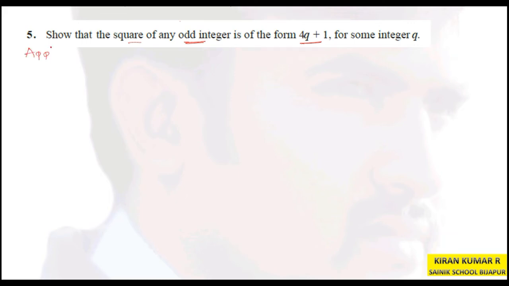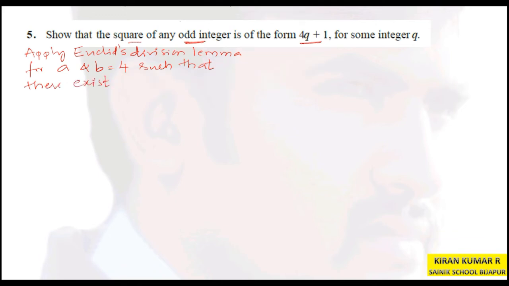Let's apply Euclid's division lemma for a and b value as 4, such that there exist unique m and r satisfying a is equal to 4m plus r, where 0 less than or equal to r less than 4.